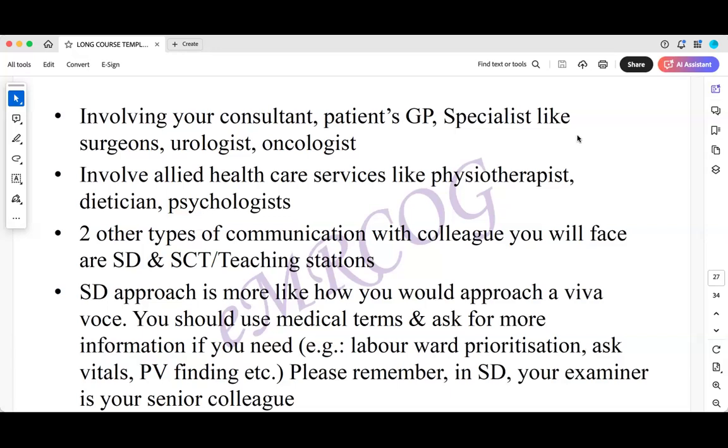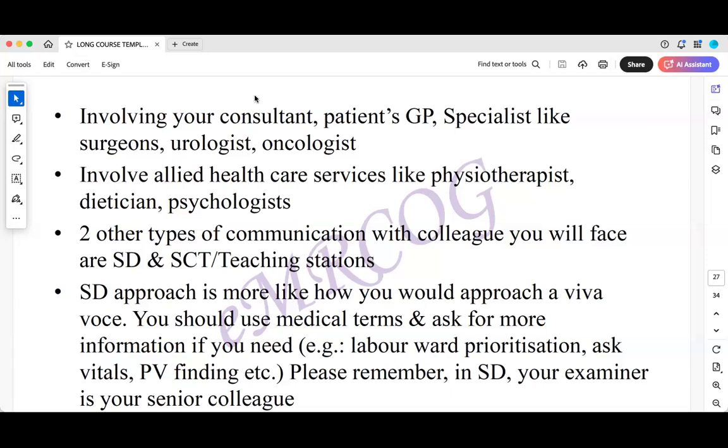So, for example, you have a patient who comes to you by referral letter from her GP because she has heavy menstrual bleeding not responding to treatment. The GP has tried to give her mefenamic acid, COCs, and it didn't work, so he sent her to the gynecology clinic. Right.